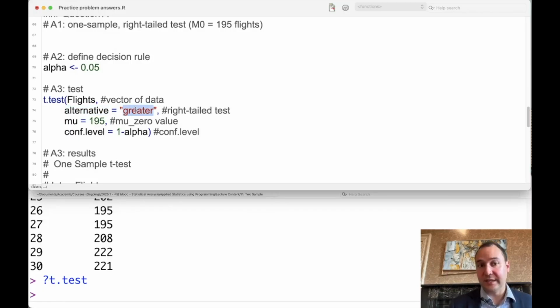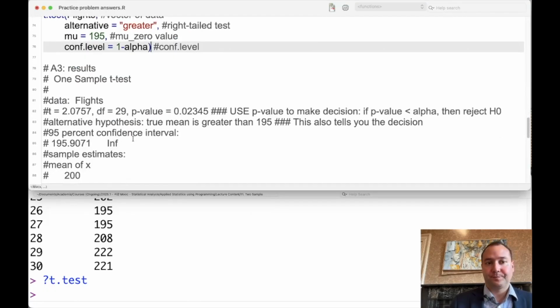We're only interested if our test statistic is significantly greater than our predicted mean. What is our predicted mean? What is mu0? Mu0 is 195. Finally, our confidence level is the same as 1 minus alpha. In other words, 95%.